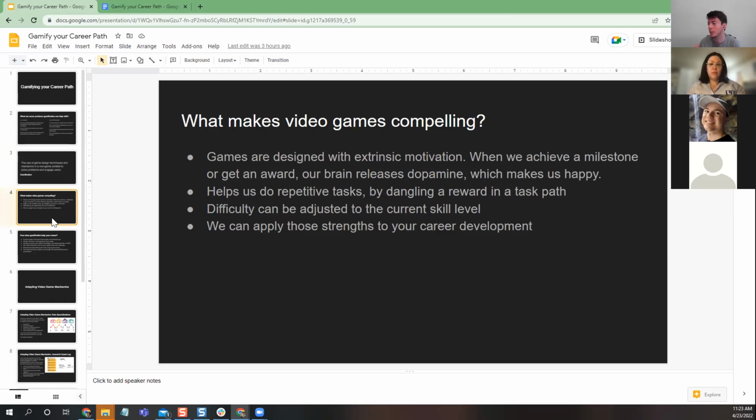There's an external reward that we get every time we complete things that makes our brains release dopamine, and it makes us happy. So if you've ever played an RPG and you're going to farm that same strawberry field over and over again, you think, once I mine 500 strawberries, I get a reward and I can level up my house.